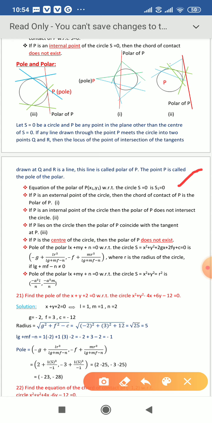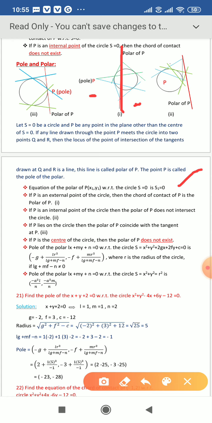Now, for polar, there are 4 cases. The first case is the first formula. Here, what do you observe about the point P? Is P internal or external to the circle? Yes, external to the circle. If P is external to the circle, you observe the polar passes through the circle. That means the polar cuts the circle at 2 points. Okay.